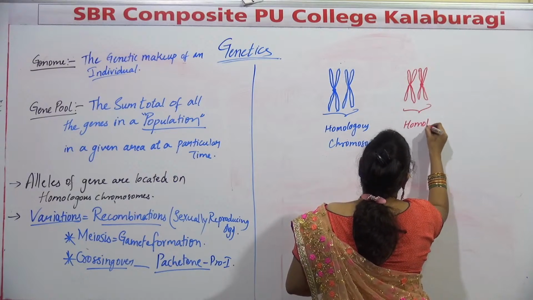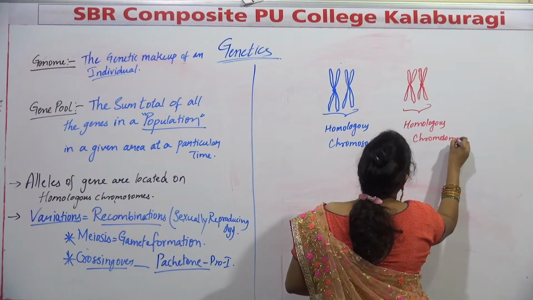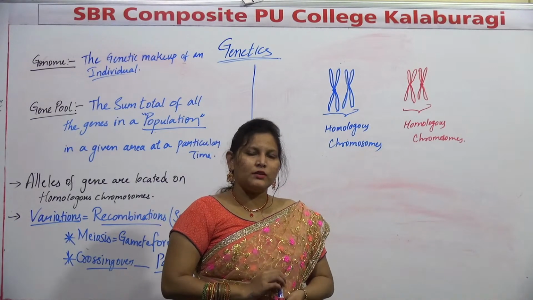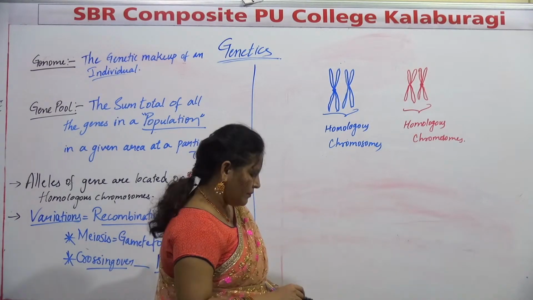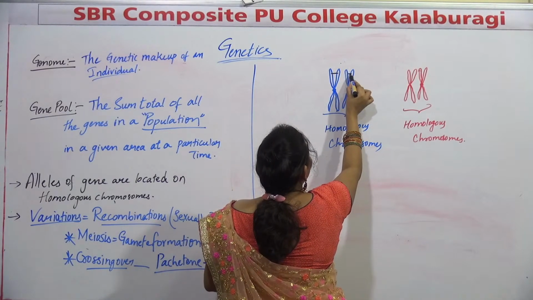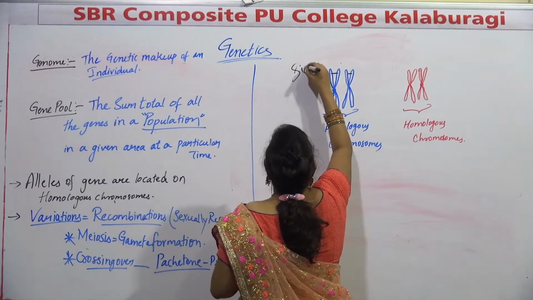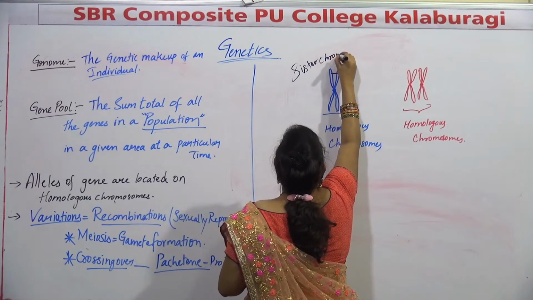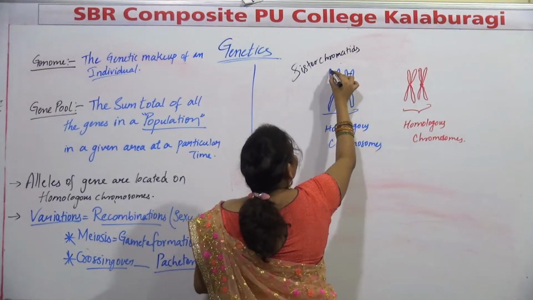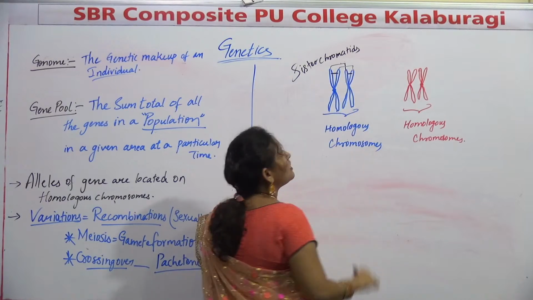And why does crossing over occur? During the pachytene substage, if you observe, these two are sister chromatids and these two are sister chromatids, sister chromatids of homologous chromosomes, whereas this is non-sister to this and this is non-sister to this.